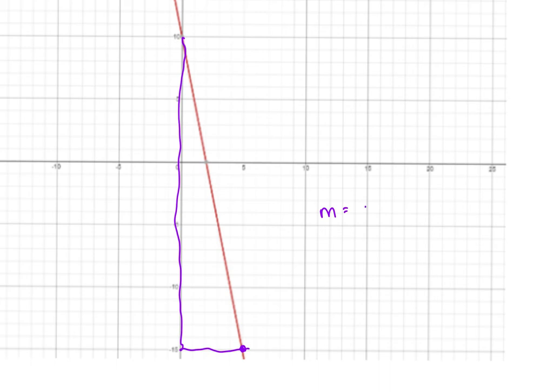So my rise here, I'm actually going down -25. And my run is +5. So that means my slope is a -5. And because it is going down from left to right, we say that this slope is decreasing.